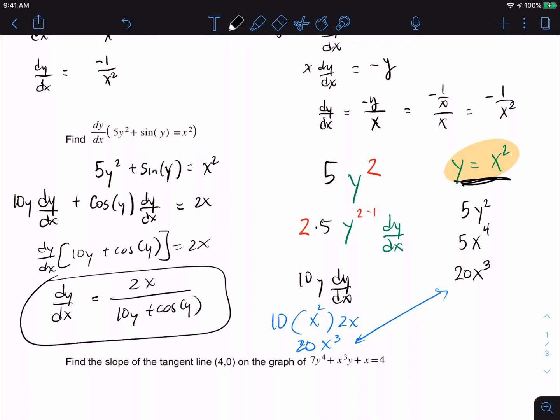It's equal to 2x over the quantity 10y plus cosine y. So you wouldn't take the derivative of it again. Oh, we could do another derivative of it. We will eventually. They get really complicated. But baby steps. First we gotta be able to crawl. We'll get there.